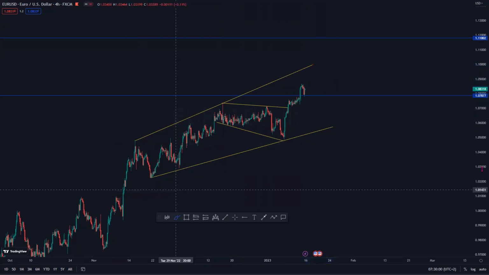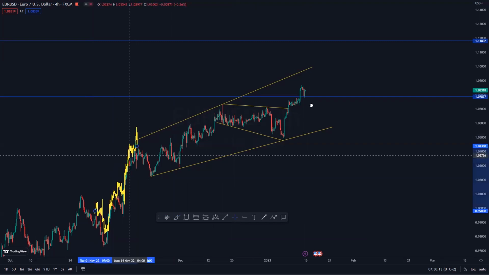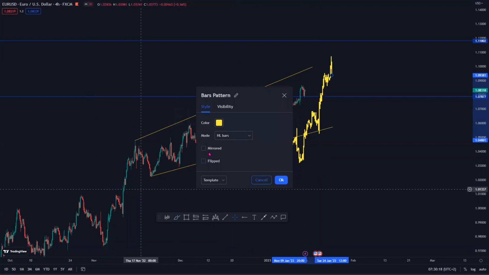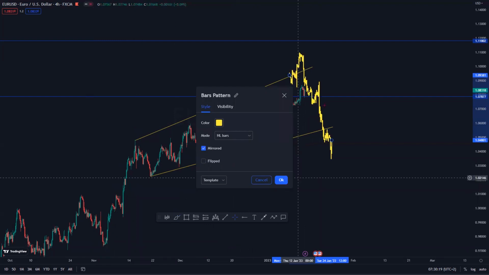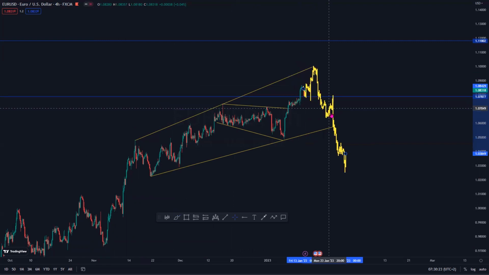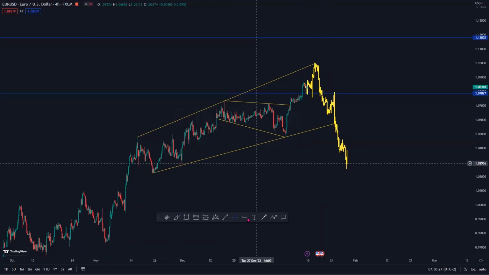So for Euro USD, this is what we see. Let me just take this. So for Euro USD, this is going to be our 90% rule of the structure.